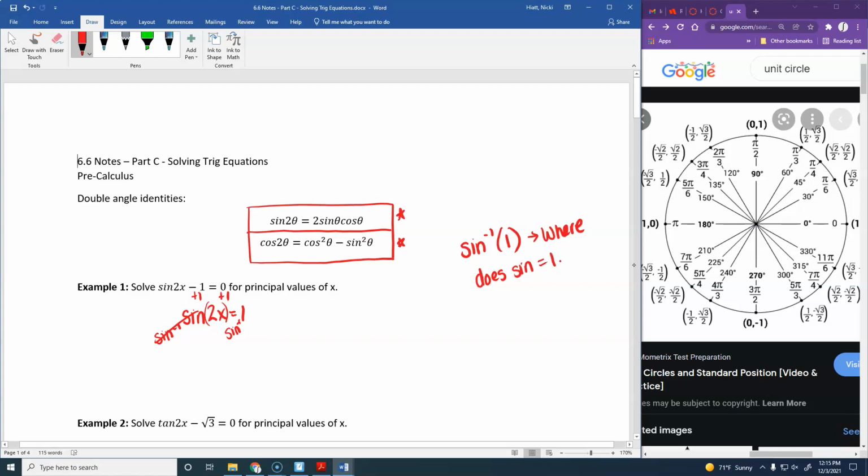But it's not x equals pi over 2. We've got to say 2x equals pi over 2. And then if I want to solve this for x, I've got to divide both sides by 2. That's pi over 2 times 1 over 2. We end up with pi over 4.